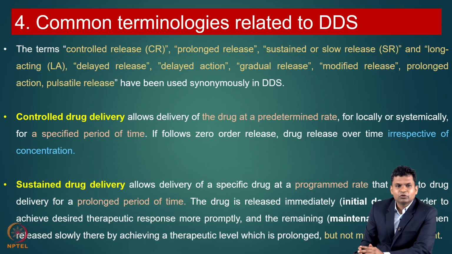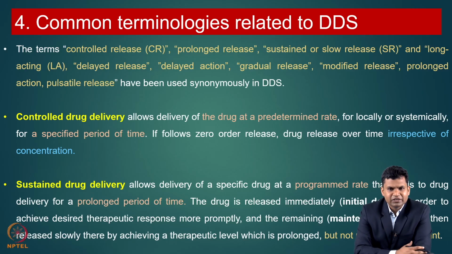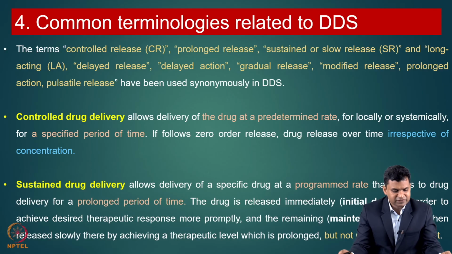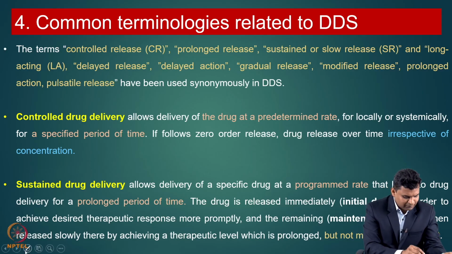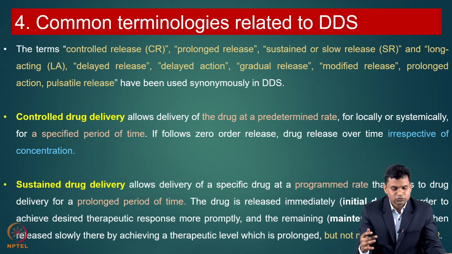Here we are going to discuss the common terminologies used in drug delivery systems. So far we have discussed a few terms, but here we will see some terms which may come up during my presentations or when you want to learn about drug delivery systems. These words are used repeatedly.